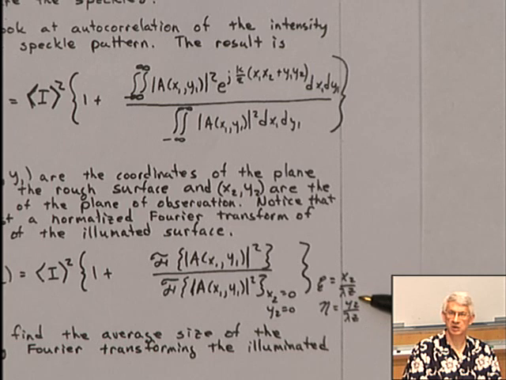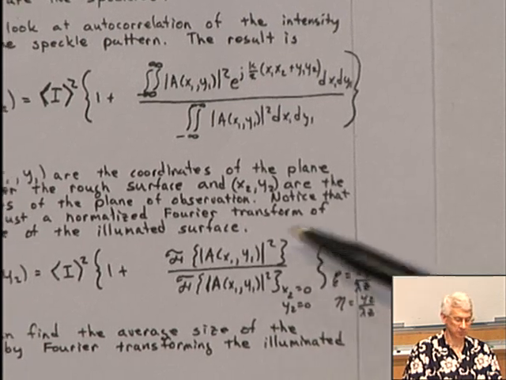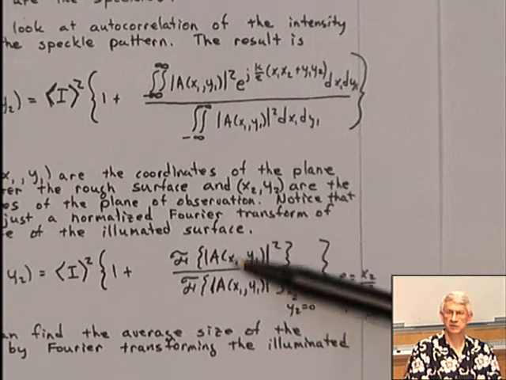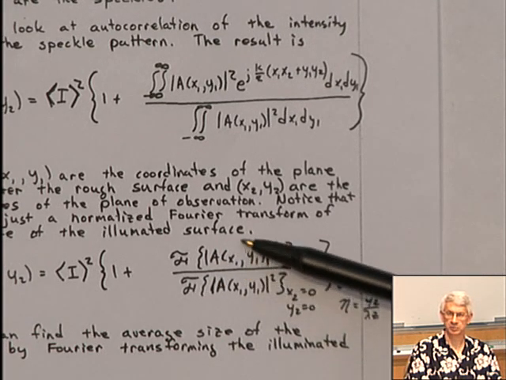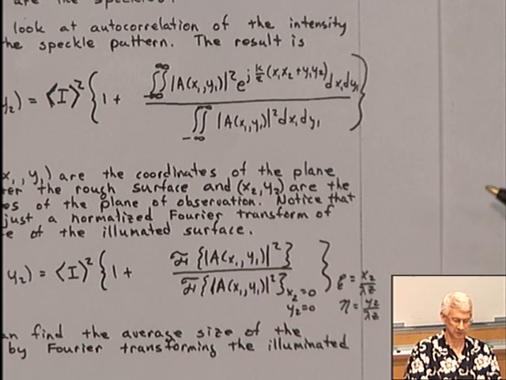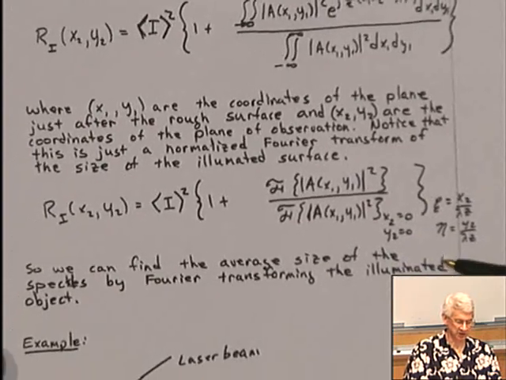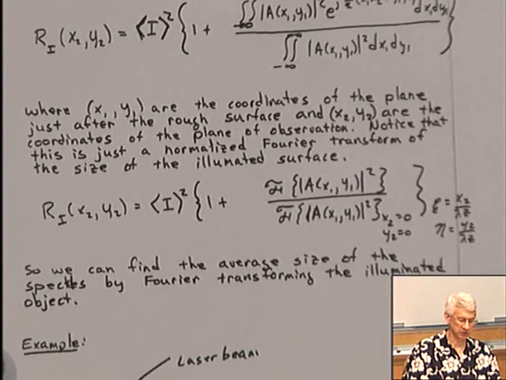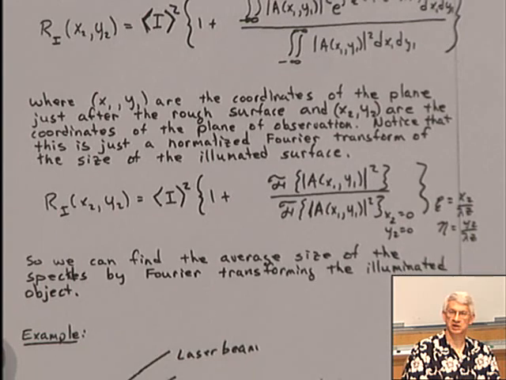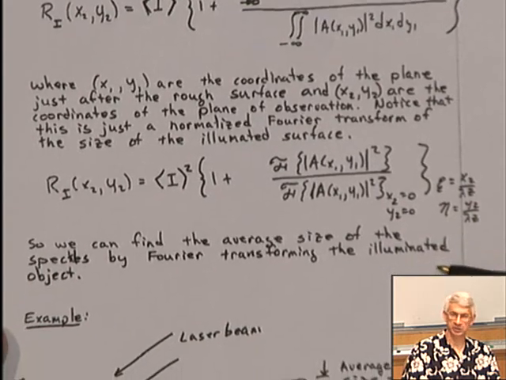The farther we get away from the illuminated surface with our observation, the larger the speckles. The smaller the size of the illuminated source, or illuminated area, the larger the speckles. And it also changes with wavelength, etc. Okay, so we can find the average size of the speckles by just Fourier transforming the illuminated object.